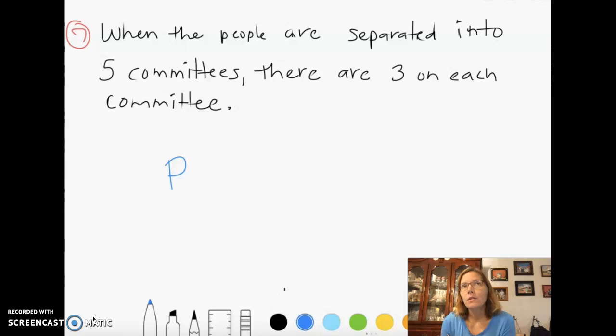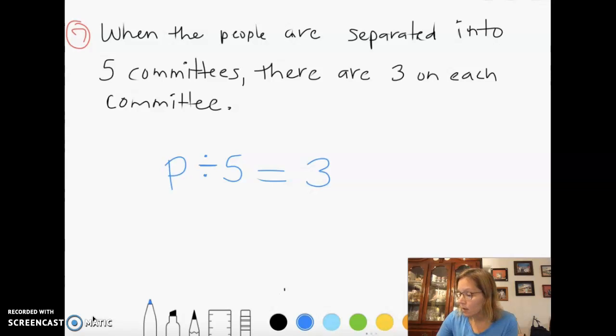So when they are separated into 5, that makes me think of groups of 5. Okay, so anytime I have groups, I have what operation? I have division. So when the people are separated into 5 groups or committees, there are 3 on each committee.